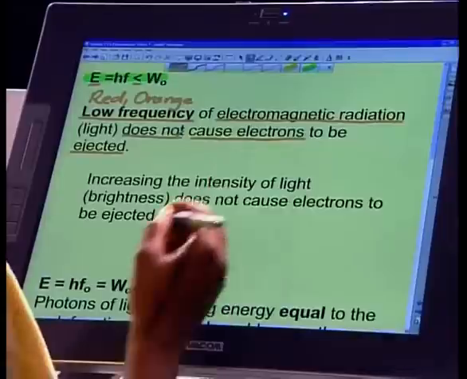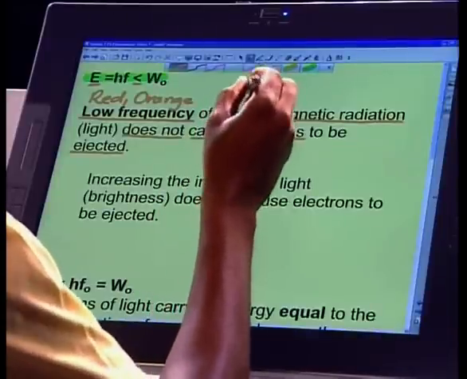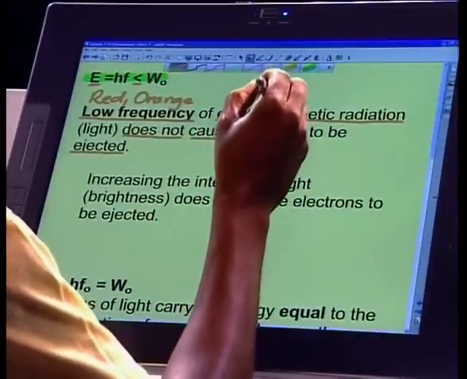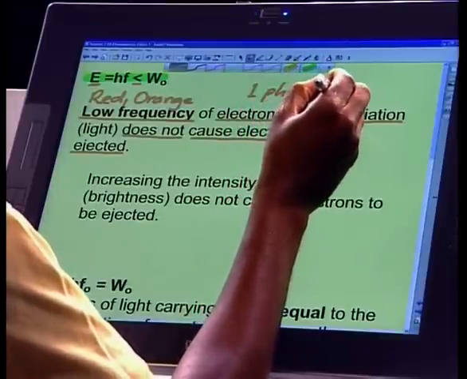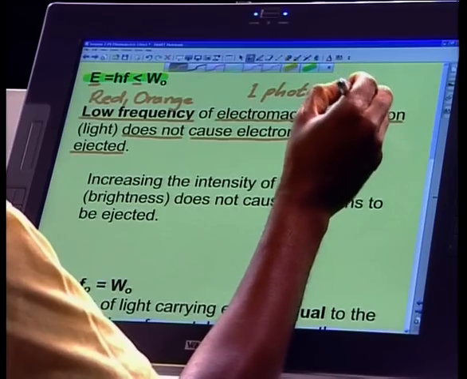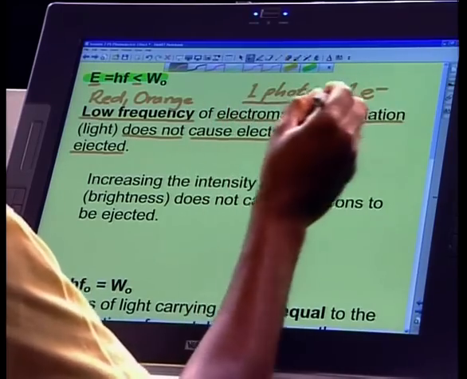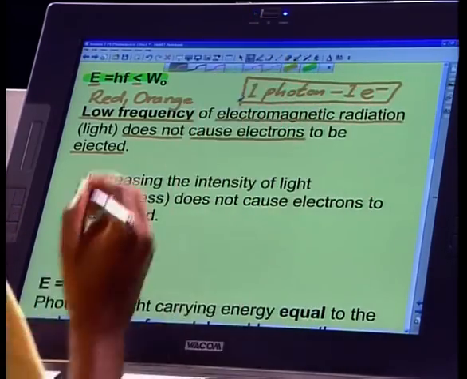So each photon works on an electron. You can't have one photon ejecting more than one electron. It's one photon to one electron. That is the rule.